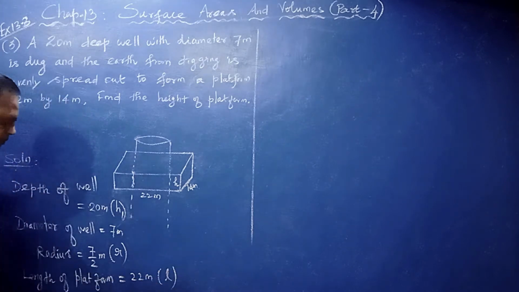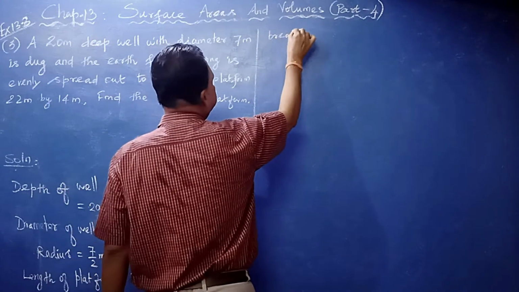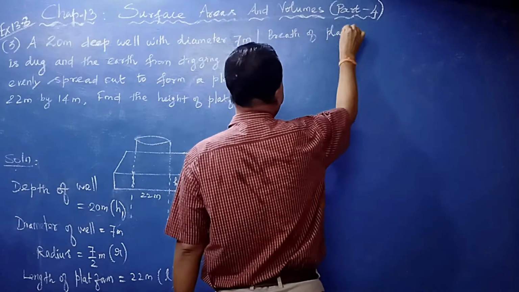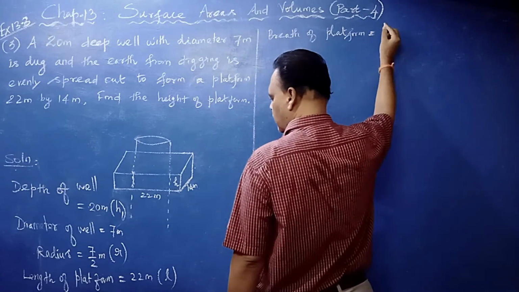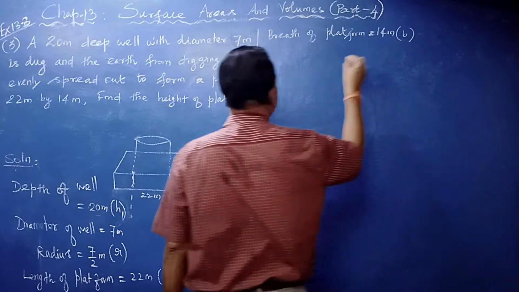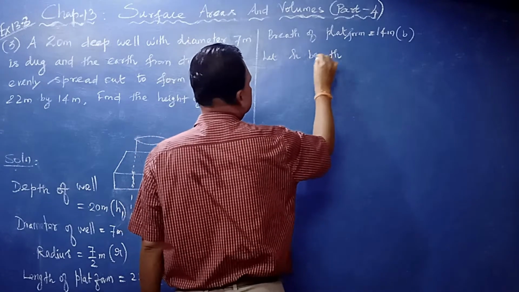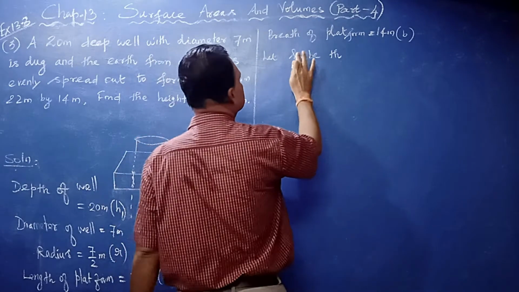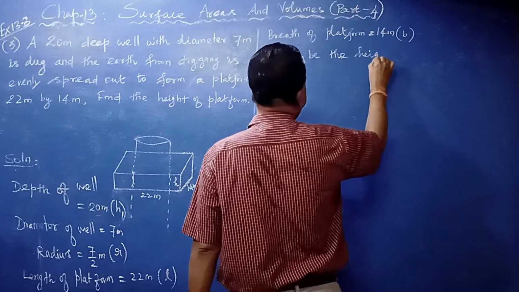That you take as L. Then breadth of platform is given as 14 meter. That is B. Let H2 be the height of platform.